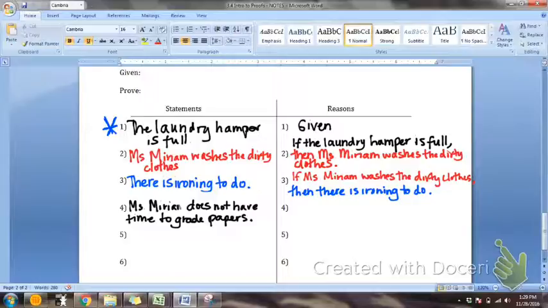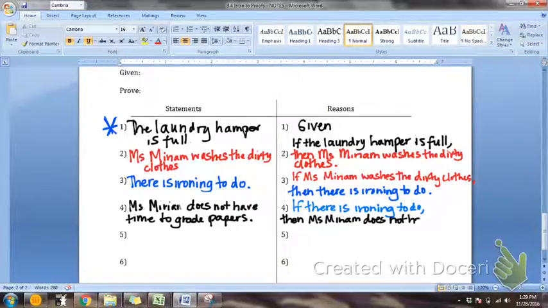So I will say, if there is ironing to do, then Miss Miriam does not have time to grade papers.